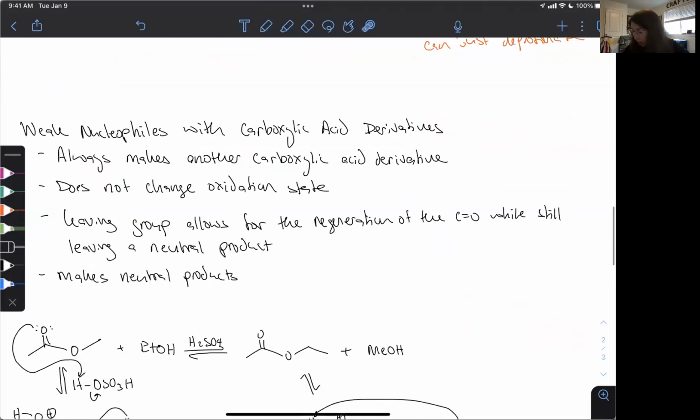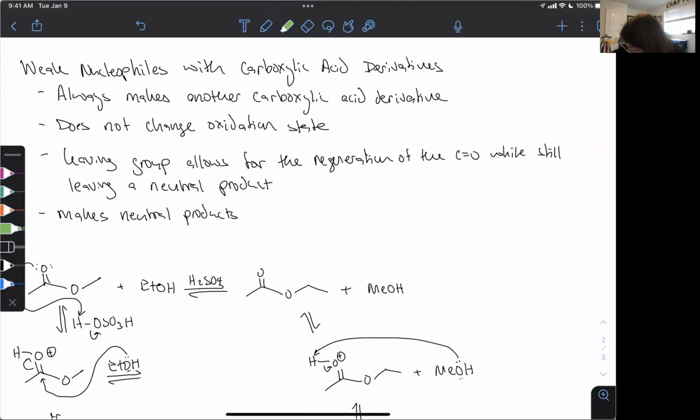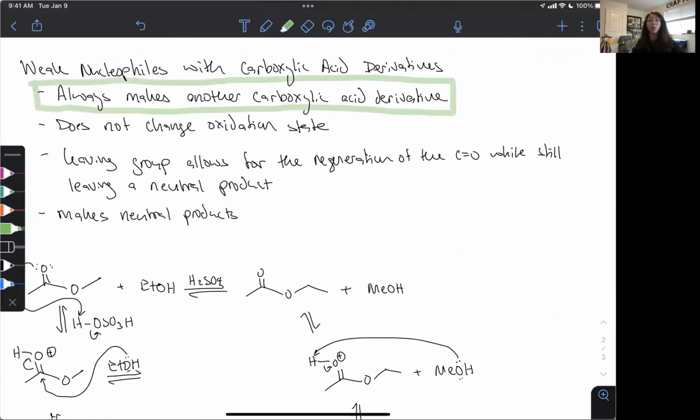If we go on to our carboxylic acid derivatives, we see something different happen again. One thing we want to keep in mind, this is a really important point here: a carboxylic acid derivative with a weak nucleophile is always going to make another carboxylic acid derivative. So again, we're not seeing a change in oxidation state.